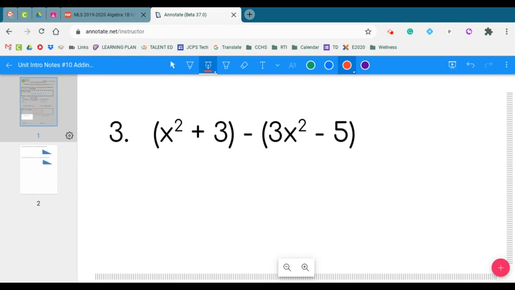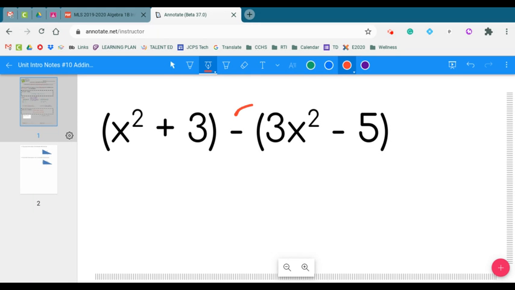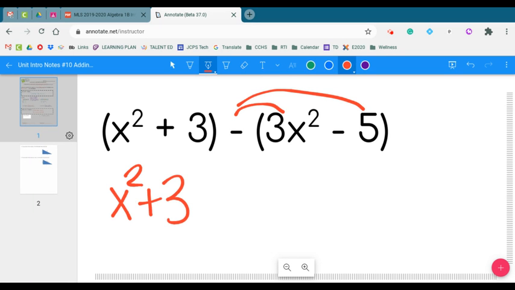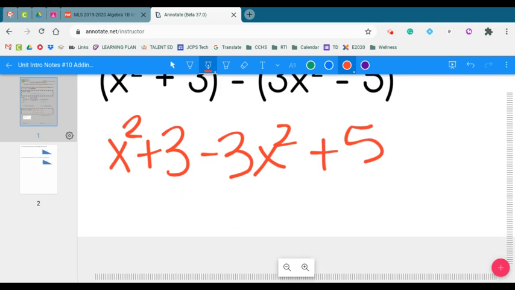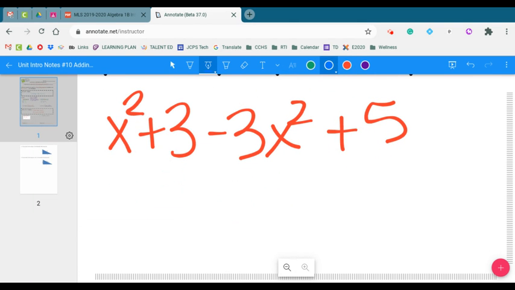Okay, so on number 3, my first step is to distribute this negative. So what it's going to do to the parentheses after that negative is it's going to change the sign. So x squared plus 3 stays the same. Negative times 3x squared is going to give me negative 3x squared. And negative times negative 5 is going to give me a positive 5. You then combine your like terms.